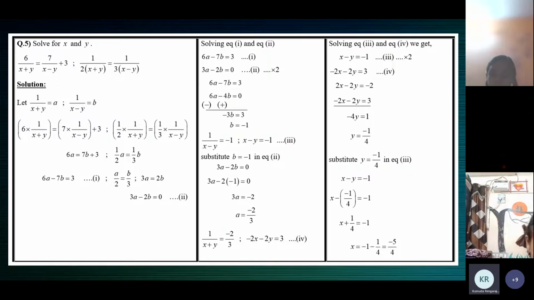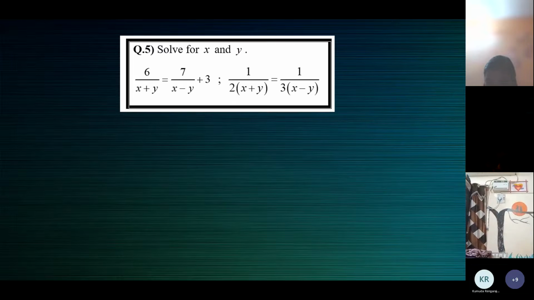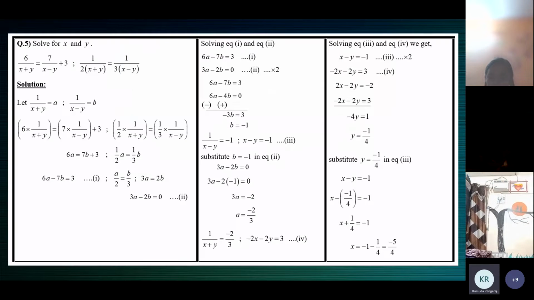I have reference books, I sit with them, I pull questions from various books and compile them into one test paper. So you can see the variety.